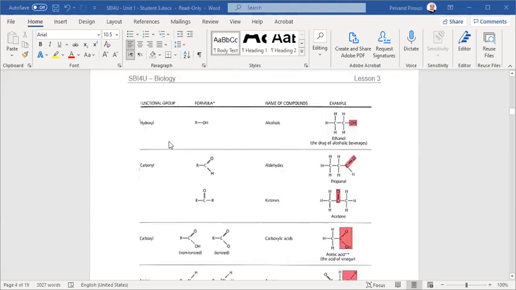So here, in any natural molecule, you will see hydroxyl. When we see hydroxyl, we look at R, which is that group of atoms, and OH, which is the functional group. It means that this is a group of atoms that are able to exchange.